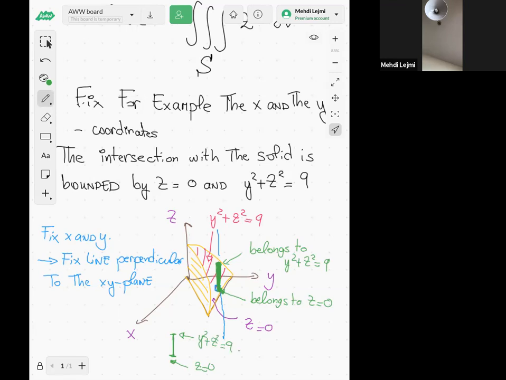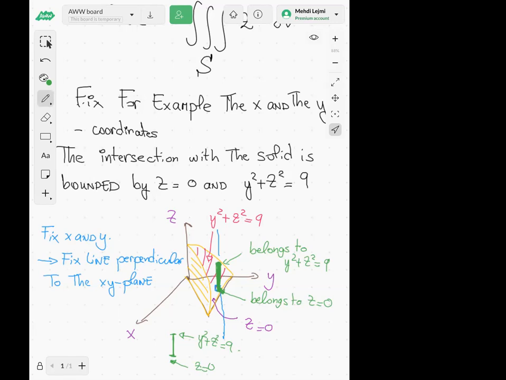So if you fix a perpendicular line to the xy plane, so it's a vertical line, then the intersection of your vertical line with the solid is such that the point in the bottom belongs to z equals 0, and the point in the top belongs to the cylinder, y squared plus z squared equals 9. Okay, so that's what I'm saying here.